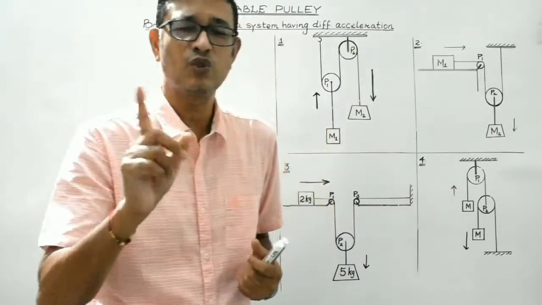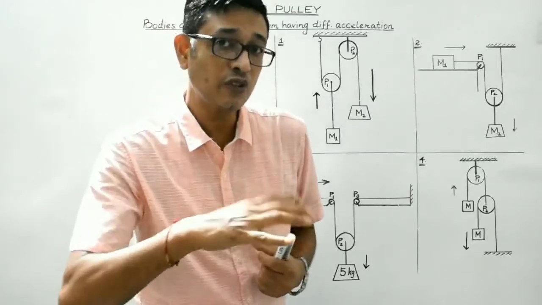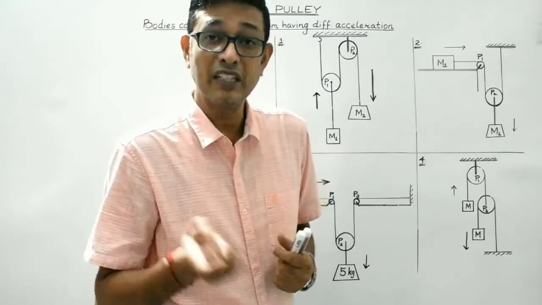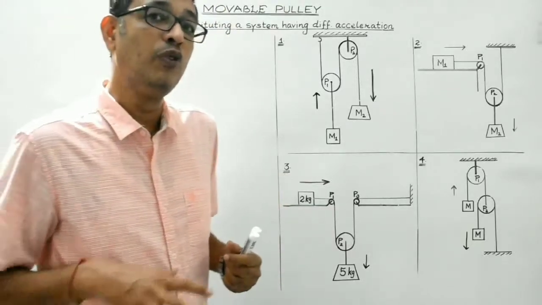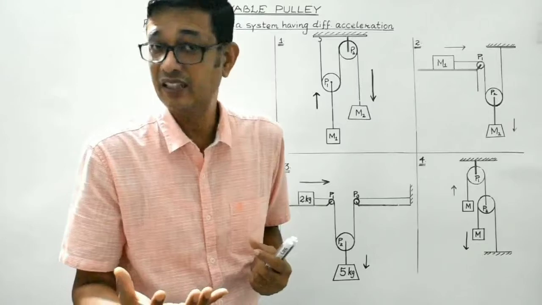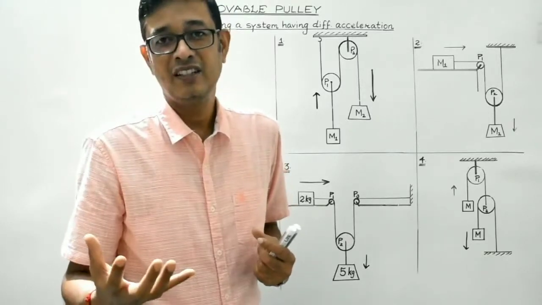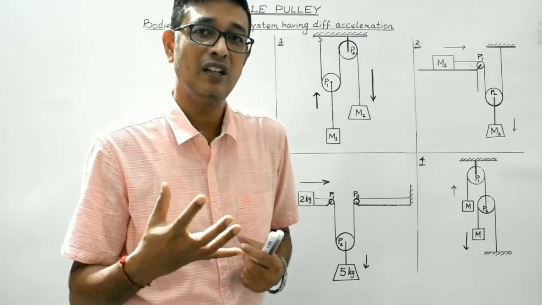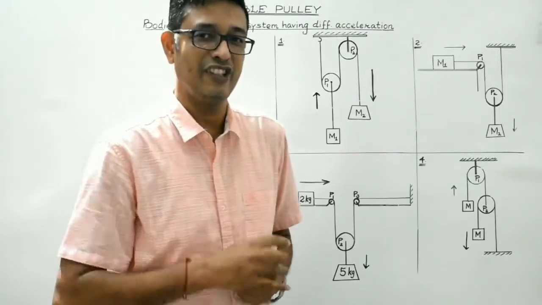There we have discussed that the acceleration of each of the bodies constituting the system is constant. But here, in the case of movable pulleys, when one pulley is fixed and the other is movable, then in such a case, the bodies constituting the system will have different acceleration.